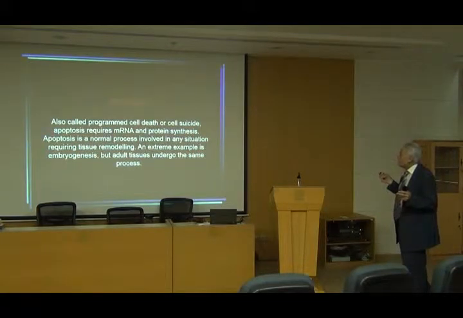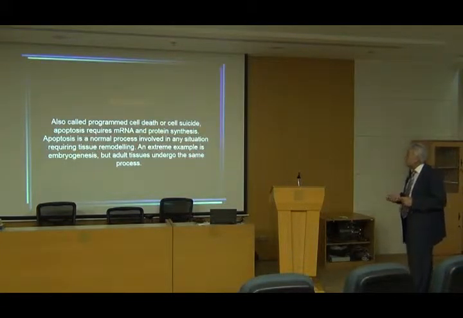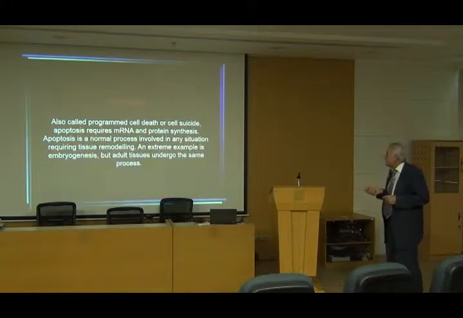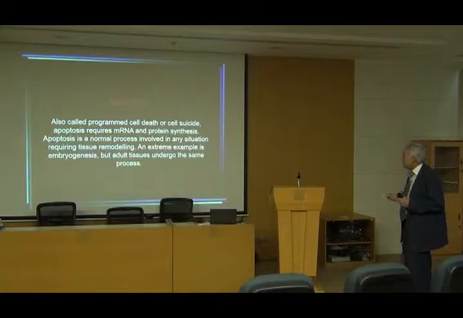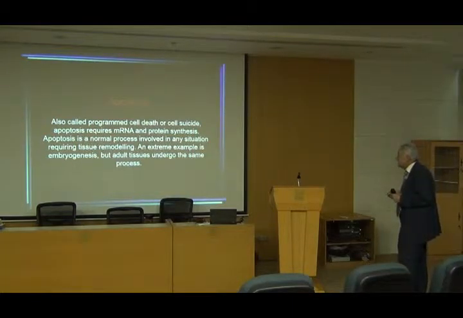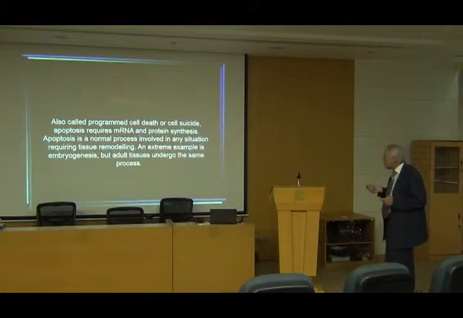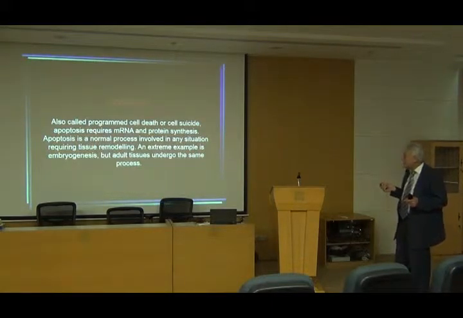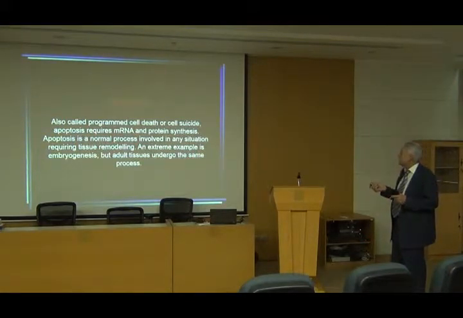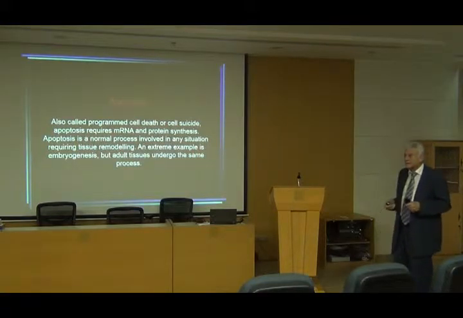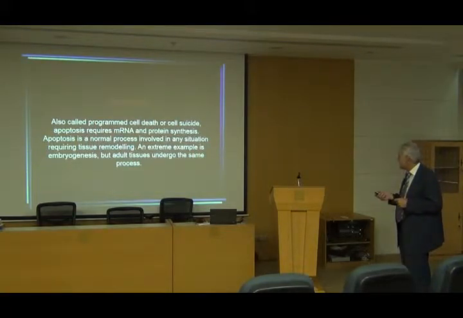And what is apoptosis? It's programmed cell death or cell suicide. Apoptosis requires mRNA and protein synthesis. So apoptosis is a normal process involved in situations requiring tissue remodeling, and an extreme example is embryogenesis, like the skin between the fingers.